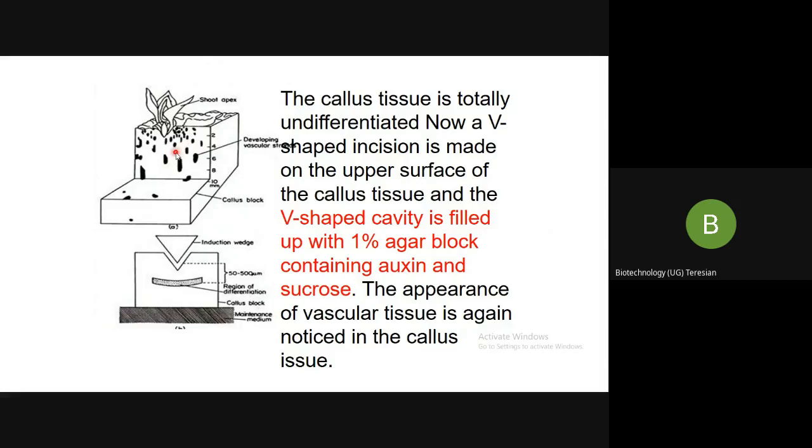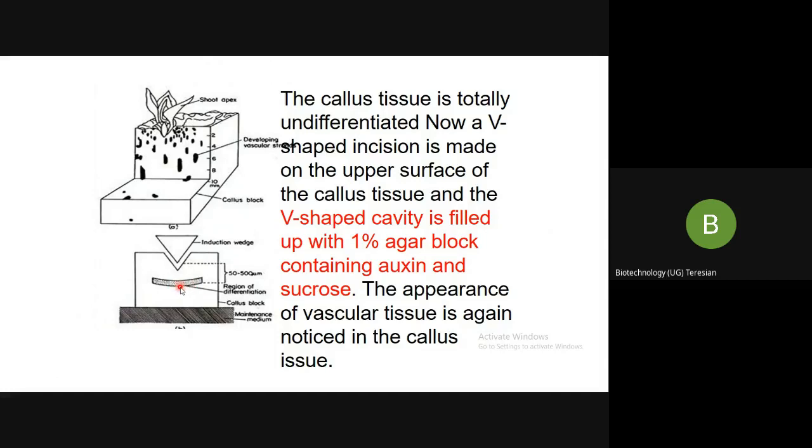Now, a V-shaped incision is made on the upper surface of the callus tissue, and the V-shaped cavity is filled with a 1% agar block containing auxin and sucrose. The appearance of vascular tissue is again noticed in the callus tissue, whereas in the control, which did not contain the auxin or the sucrose, no vascular element developed.